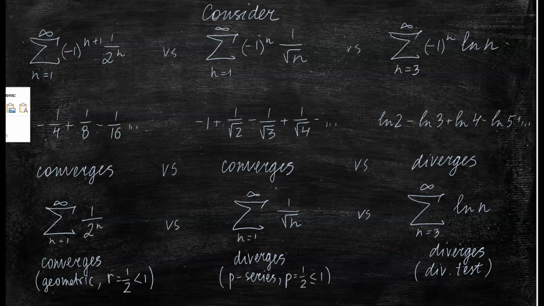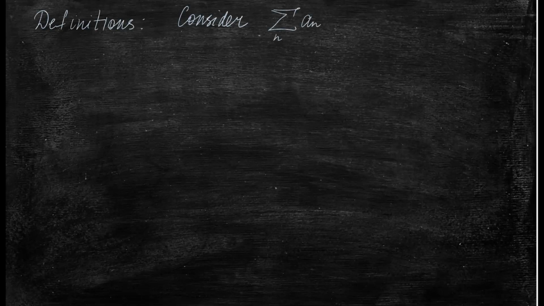And we actually acknowledge that difference by introducing the following vocabulary. So let's consider a series, alternating or not, doesn't matter. But let's say we have a series that already converges.